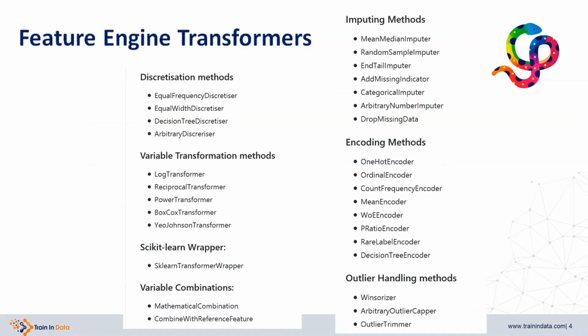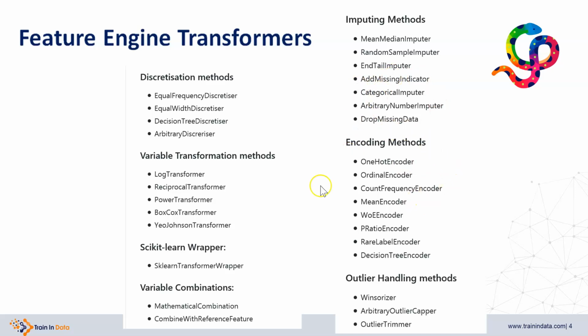Feature Engine also has a variety of transformers with the fit transform functionality to perform a lot of transformations. It has a lot of transformers for missing data imputation, including mean and median, random imputation, imputation with a value at the end of the distribution, frequent imputation or imputation with the string missing, adding a binary indicator, and some more.